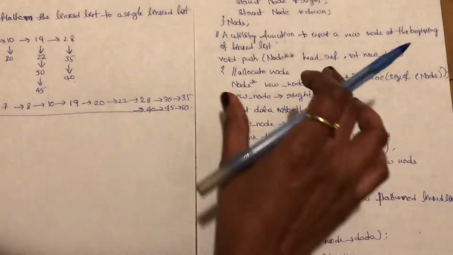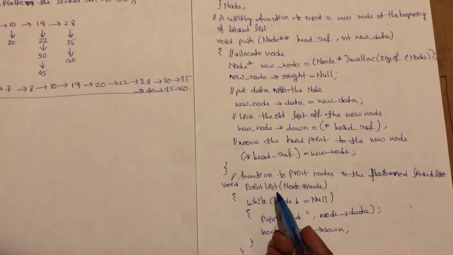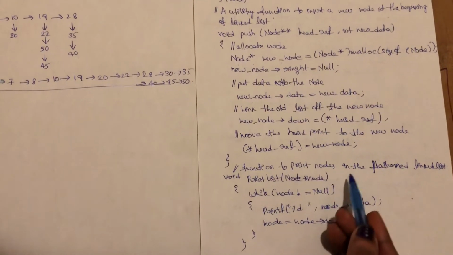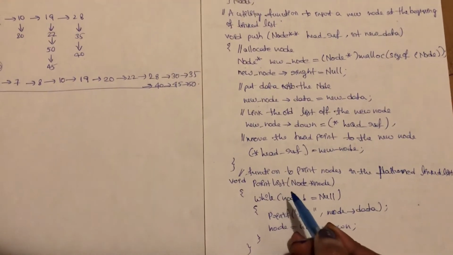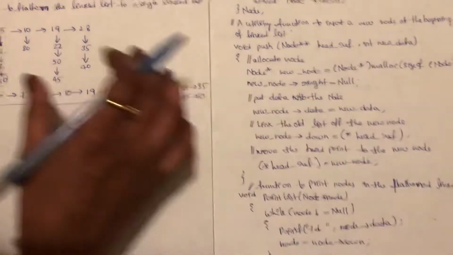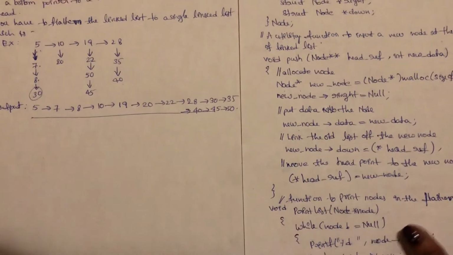Then this is the function for that. The next function is a function to print nodes of the flattened linked list. That means it is going to print the data in this format. This function is for that.